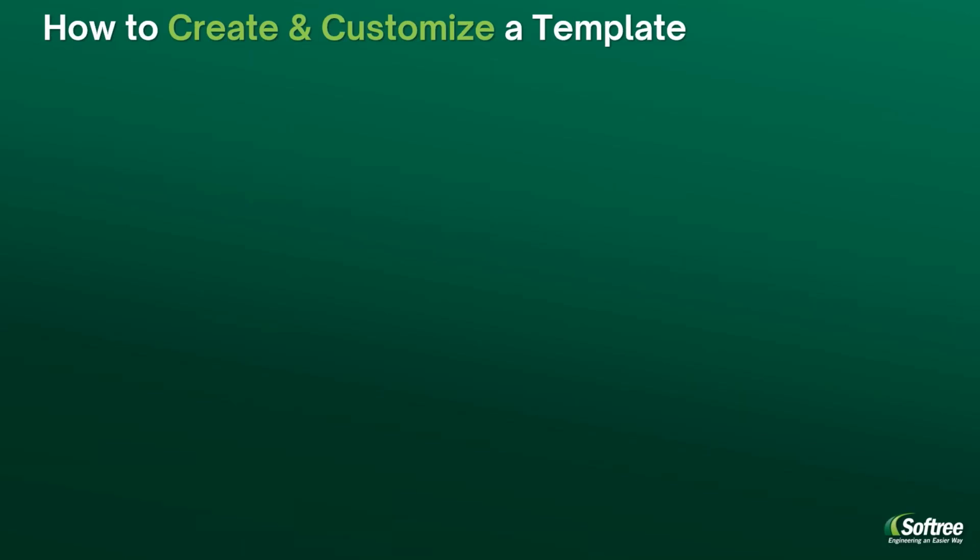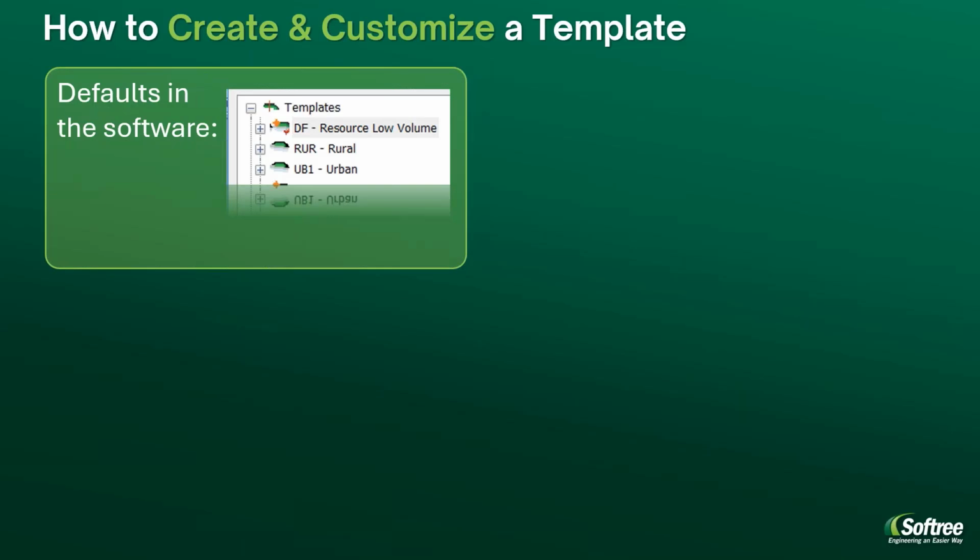Templates, as I said in our introduction, you don't necessarily need to go all the way to this idea of creating something from scratch. There's lots of different ways to create and customize a template. To start with, there's 3 defaults typically available in the software depending on your installed version. You can customize these, you can add to them, you can work with them.